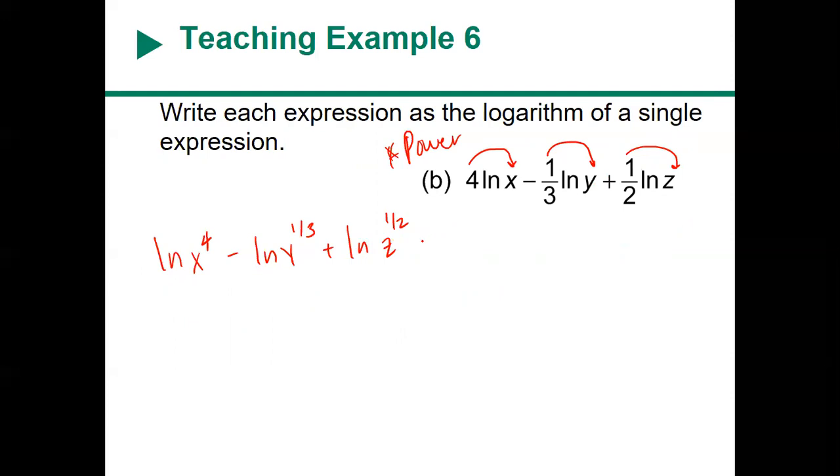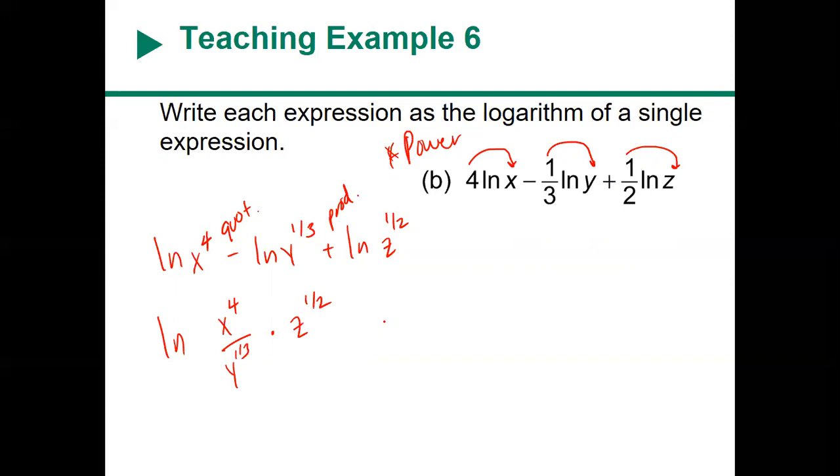So natural log of x to the 4 divided by y to the 1/3, and then times z to the 1/2. Because I read it from left to right. Quotient, product. How do we feel?